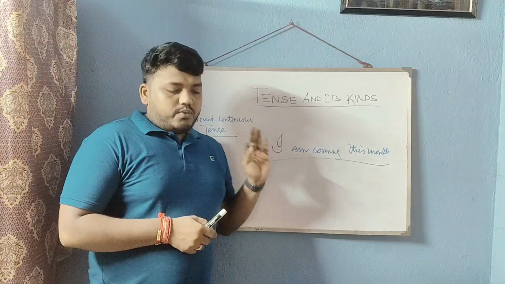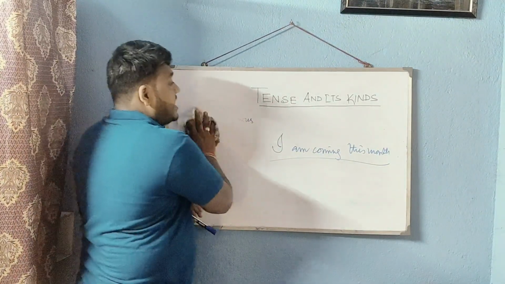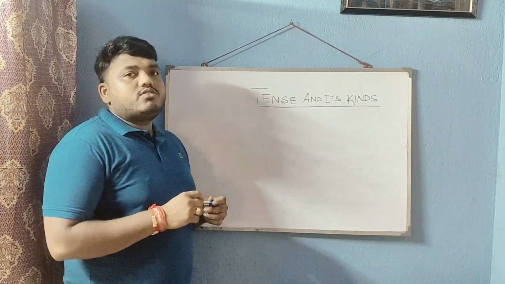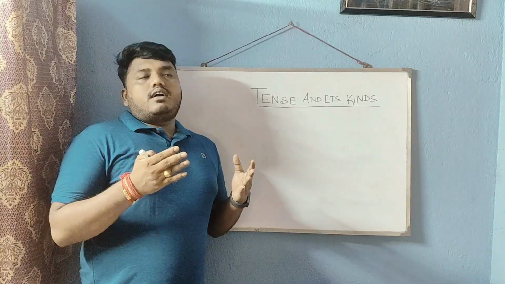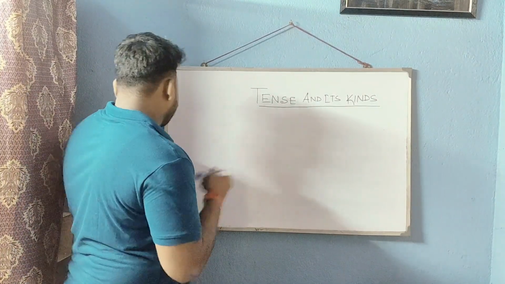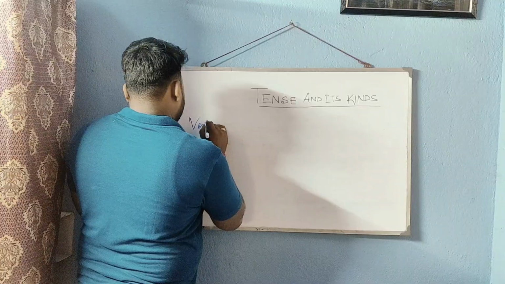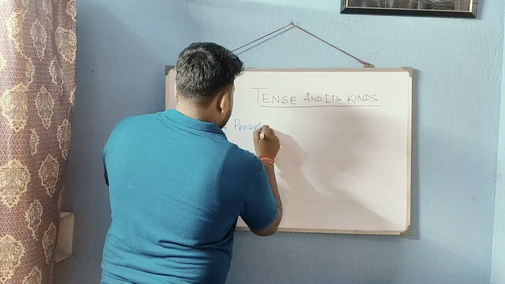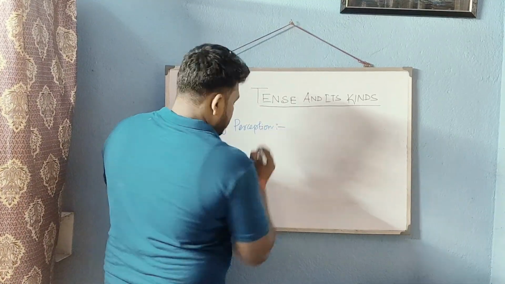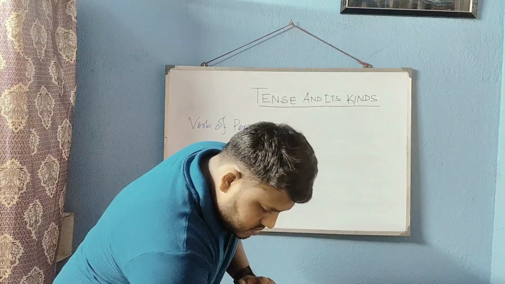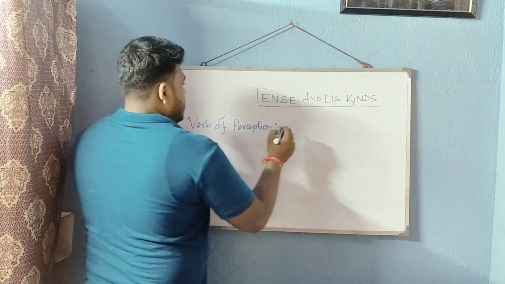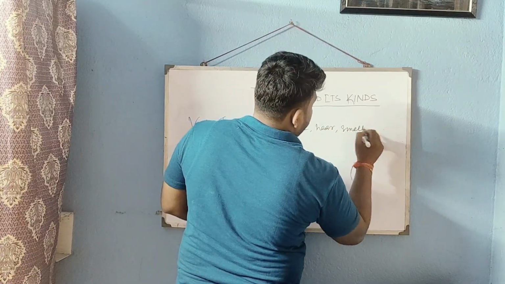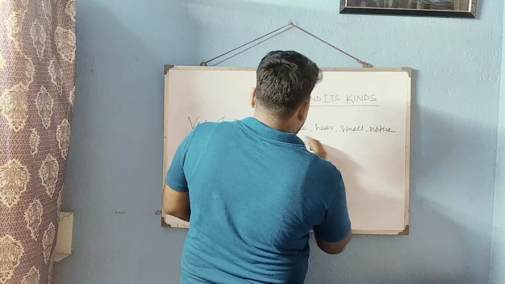We will now know for what cases we cannot use the progressive form or the present continuous form. There are certain verbs for which we cannot use continuous form. For example, verbs of perception: see, hear, smell, notice.